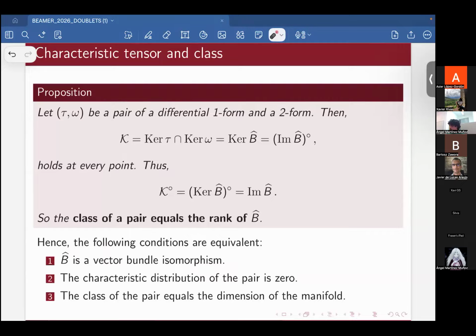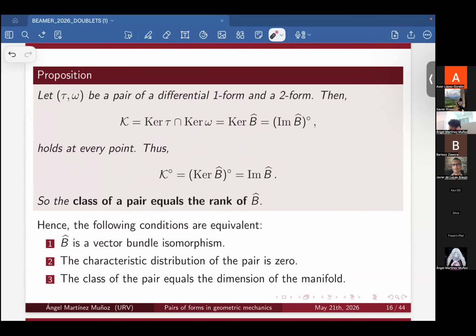So you have this proposition here, which tells you basically that the kernel of the induced map by the characteristic tensor field is just the characteristic distribution. And hence, just applying the annihilator on both sides, you have that the class is equal to the rank. This is what this is telling you here.